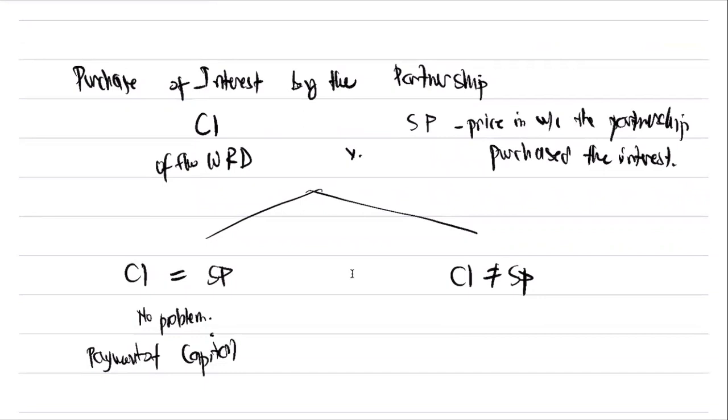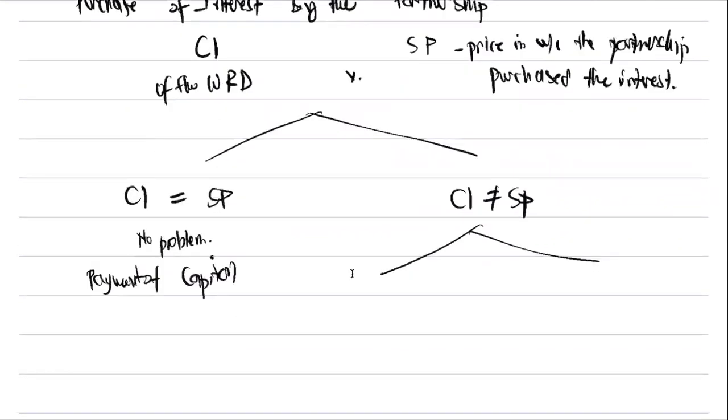If the capital interest is not equal to your settlement price, we have two instances. It's either capital interest is greater than the settlement price or the capital interest is lesser than your settlement price. If the capital interest is greater than your settlement price, whatever is the difference is treated as a bonus to remaining partners.